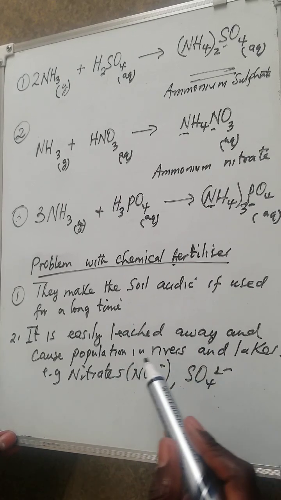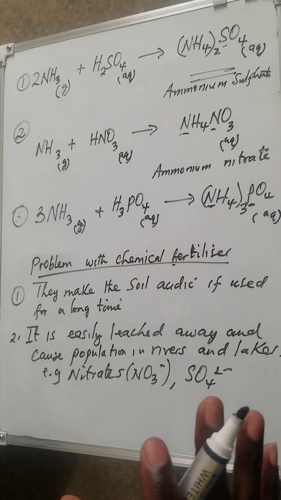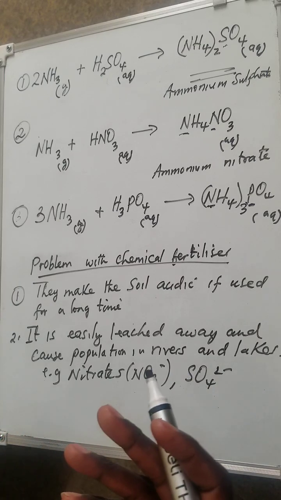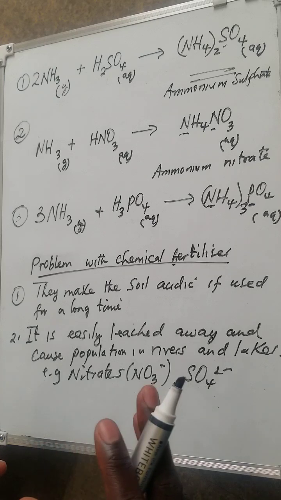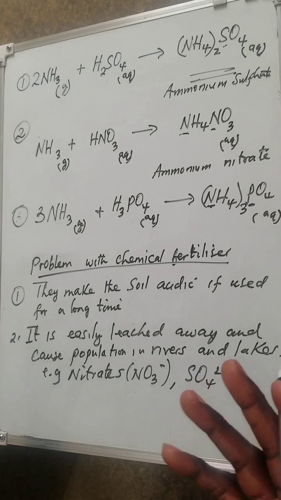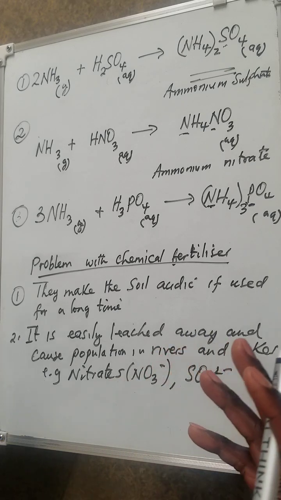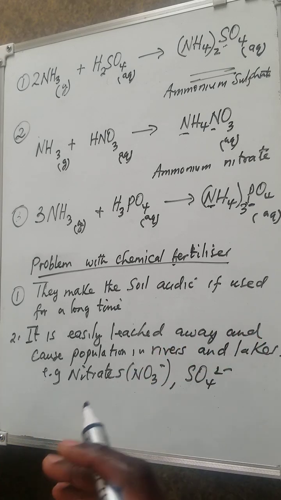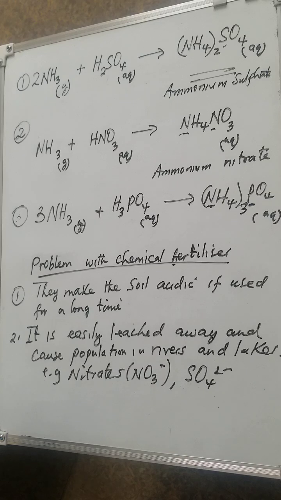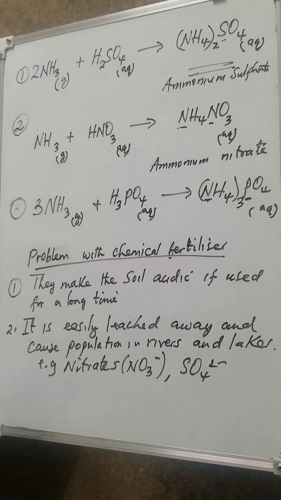Once they are washed into the rivers, they cause the formation of algae on the surface of the water. When that algae dies, bacteria start feeding on it, and on other organisms that die. When those bacteria feed, they use the oxygen in the water. That leads to the death of many aquatic organisms. So that is what you need to look out for when it comes to chemical fertilizer.